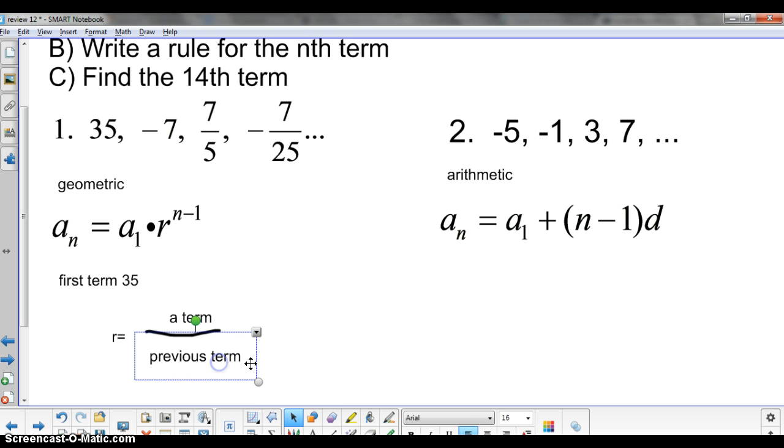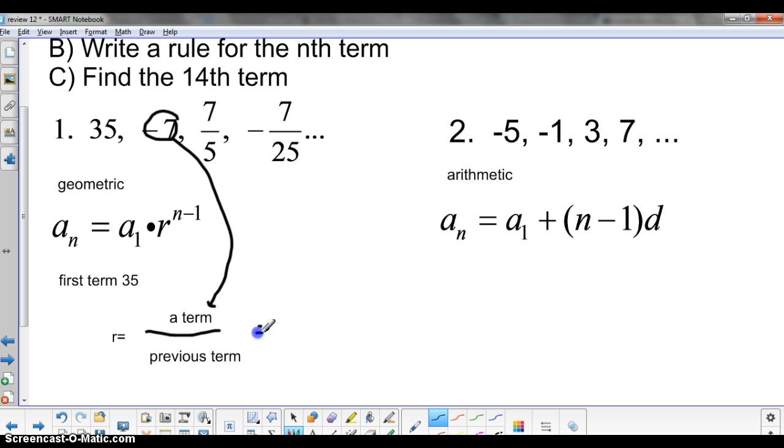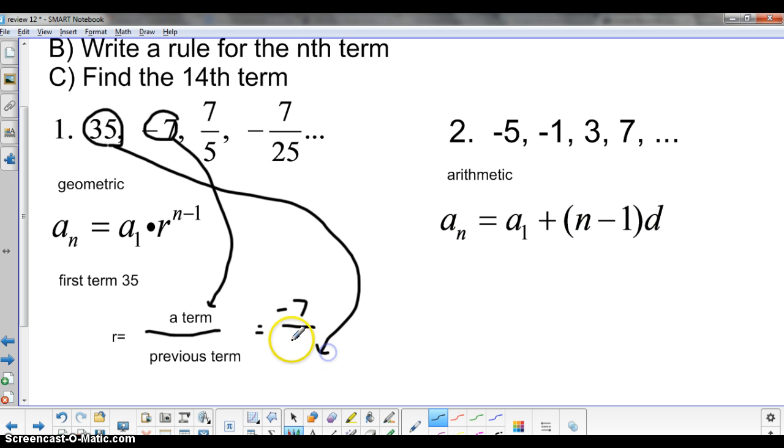So for example, we could take -7 here. Okay, that's a term, put that on top, -7 on top, and then take 35, the previous term, put that on bottom, and this would simplify to -1/5.